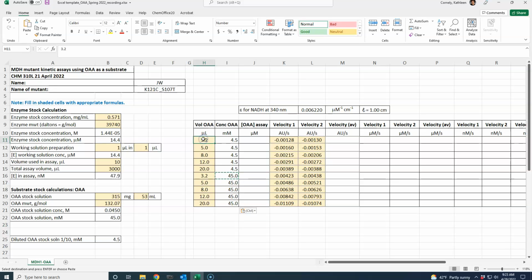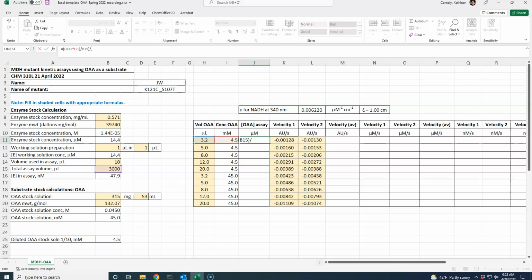Okay, so those are the volumes in the solutions that we used, and now we want to know the OAA concentration in the assay. So again, we do a V1 M1 equals V2 M2 calculation. So if we have 3.2 microliters of a 4.5 millimolar solution, and we had a 3,000 microliter assay, that would actually give us the concentration of the solution in millimolar, but I want it in micromolar.